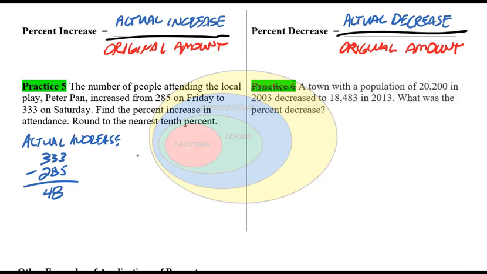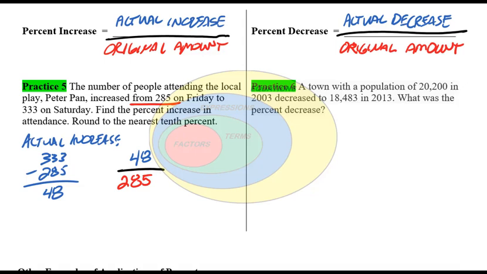So when I set up my ratio for the percent increase, it's the actual increase, which in this case was 48, divided by the original amount. It increased from 285 on Friday, so 285 is my original amount.